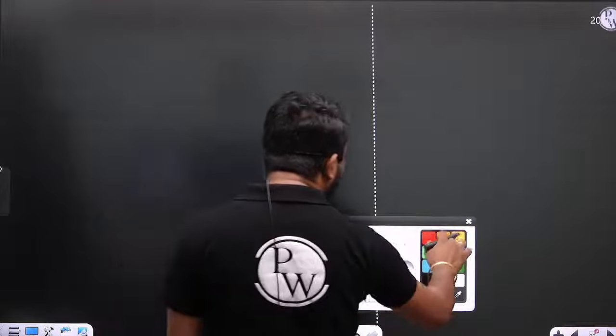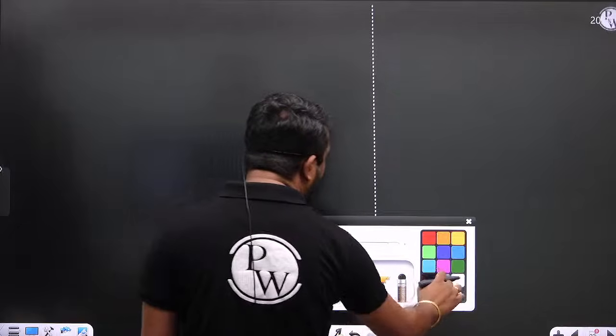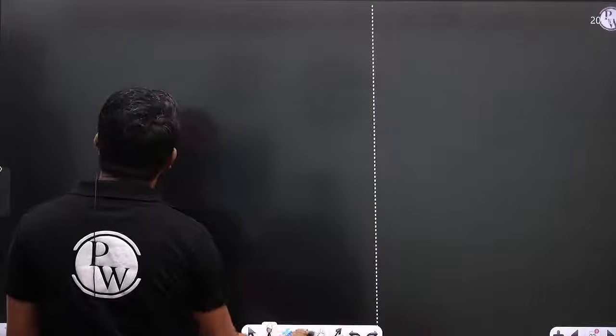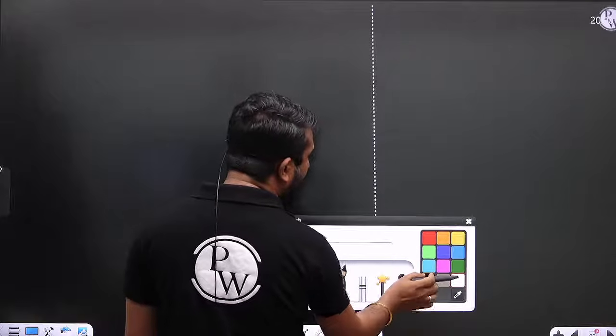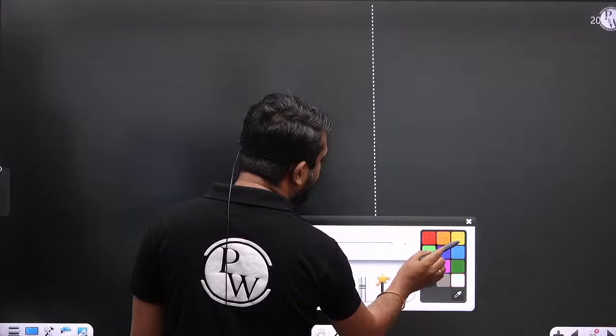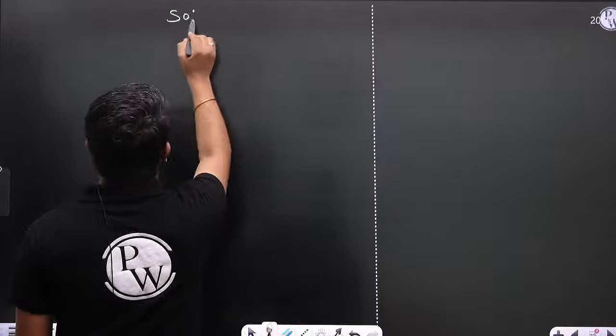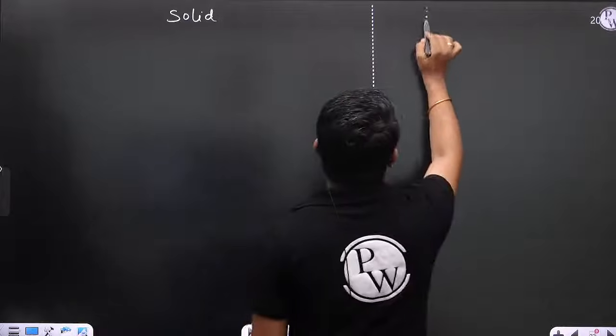When we apply the tensile force, what happens in case of the solid, and what happens in case of the fluid? Can anyone tell me?